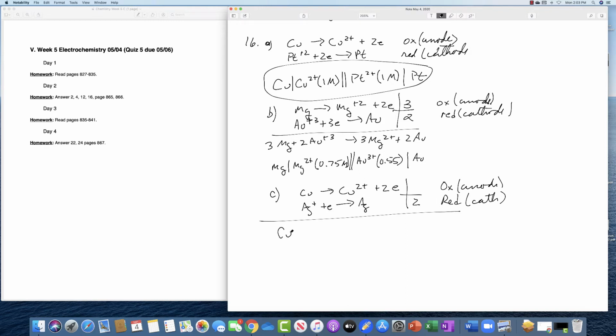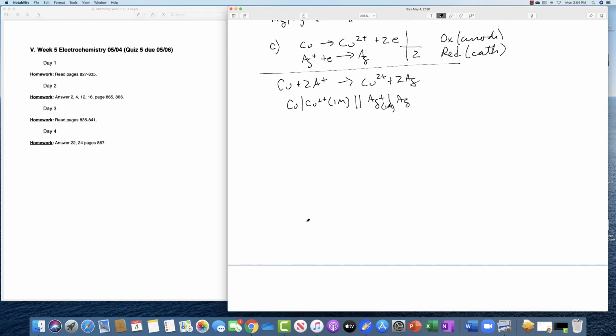And so you have Cu plus 2 silvers goes to form Cu2+ plus 2 silver atoms. And it would be written as such: Cu line Cu2+, 1 molar, double line, then Ag+, 1 molar, line Ag. And so that's number 16.